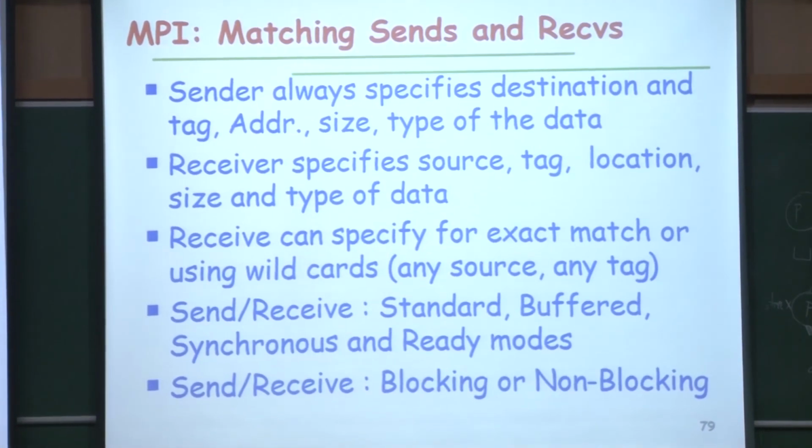Whereas, in the case of a receive, if you have a blocking receive, it will come out of the blocking receive only when it has received the data from the source. If you have a non-blocking receive, then what it means is that you are saying in which location you want to receive the data, and you do not want to necessarily wait for the data to arrive, but you want to do some more computation before the data comes in.